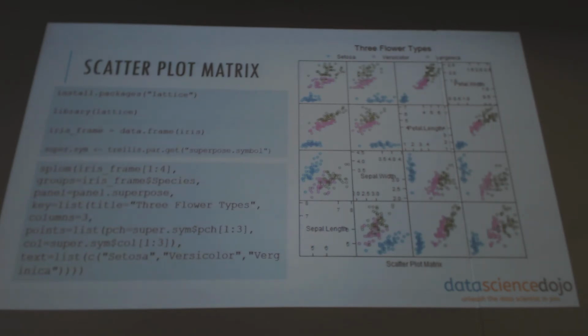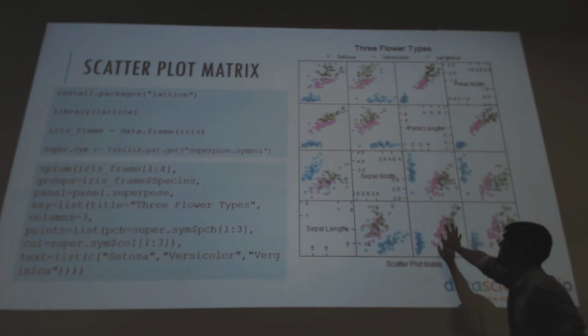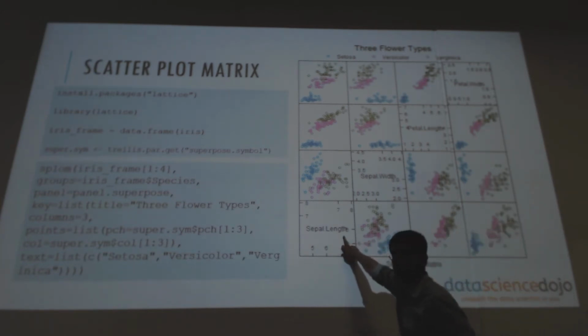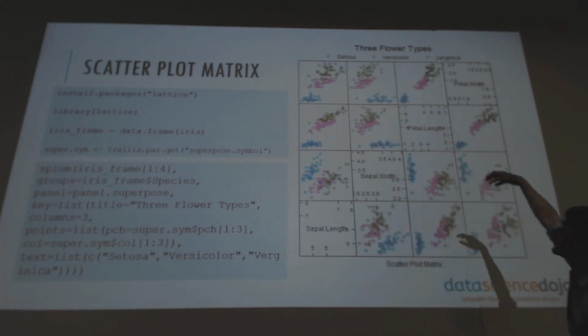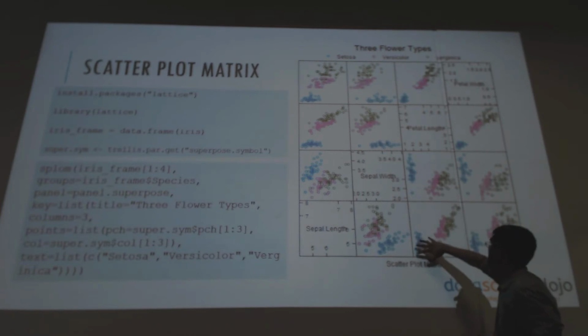Now, let's take for example this one. Any volunteers tell me what kind of correlation this is describing here? We go all the way here, which is the sepal length, and we go all the way up to petal length, right? So I'm visualizing the correlation between sepal length and petal length. Assume there is no color here.